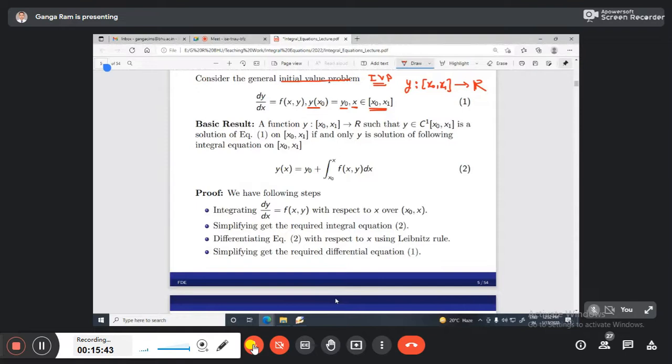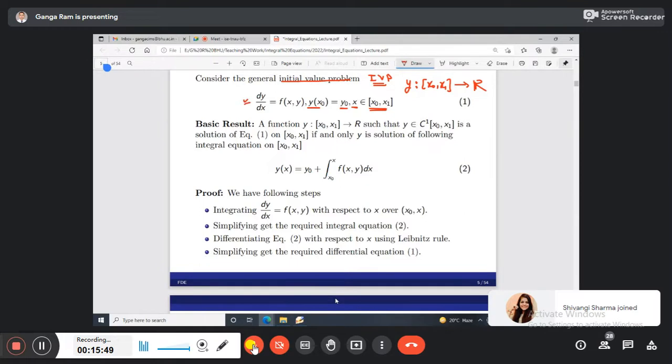So it means that it is an initial value problem, the general initial value problem. What is the solution of this initial value problem?